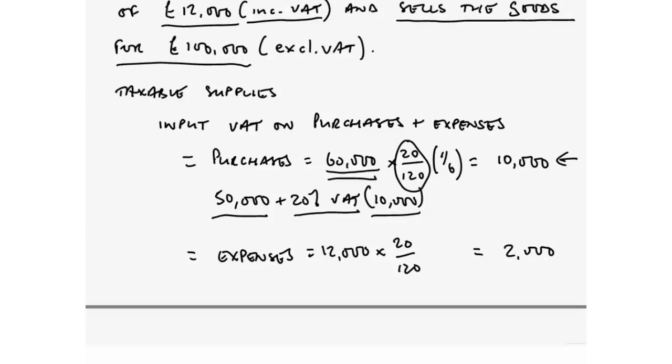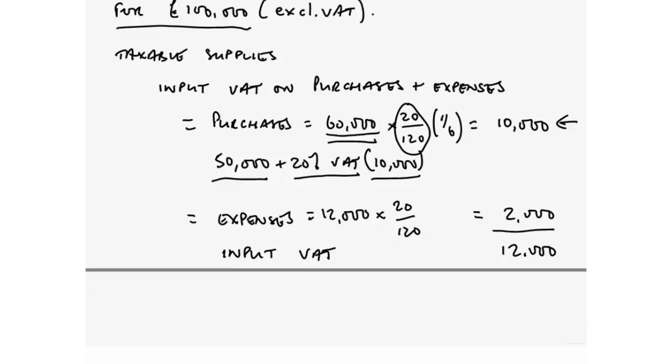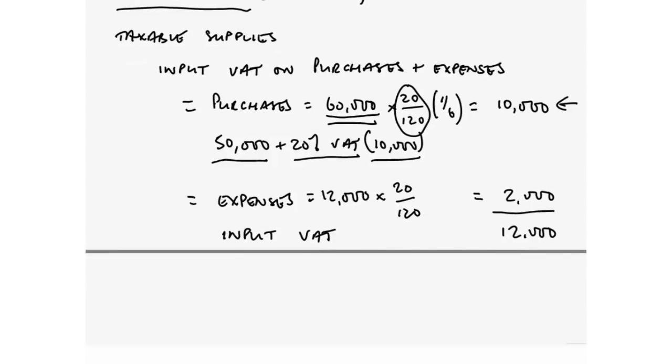So we have suffered two lots of input VAT. Our input VAT that we have suffered for this particular period on the purchases and expenses that we have incurred amounts to £12,000. Now then, we will be able to claim that back off HMRC, where it is, as it is here, in relation to taxable supplies.